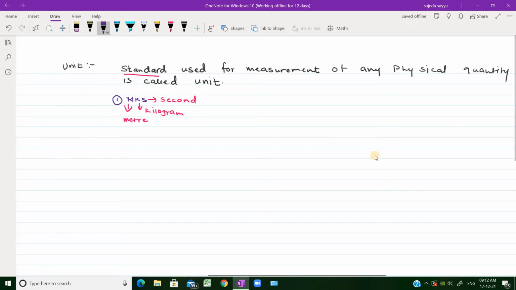Another system of units which was used in previous times is CGS. So in CGS, C stands for centimeter, the unit of length, G stands for gram, S stands for second.